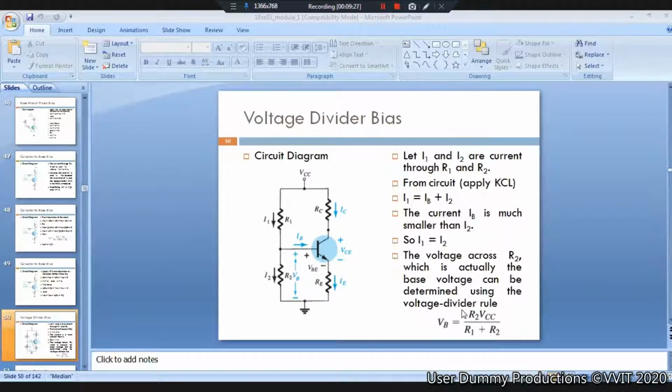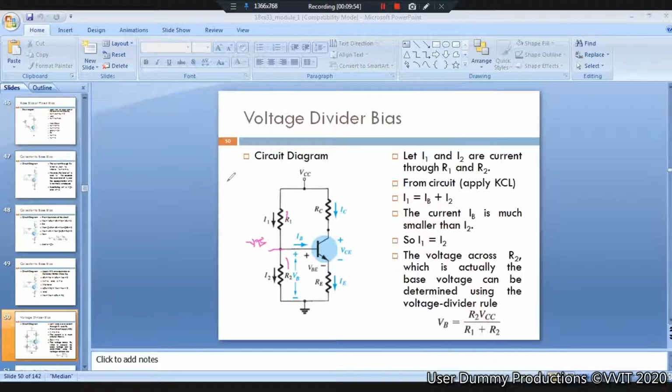If they are connected to R1 and R2, you can apply the KVL for this. When you are connected to more number of resistors in series, you will get the parallel equation. Here, see here, this is R1 and this R2 is connected in series. I will take this for VTH, or I will take the VB.